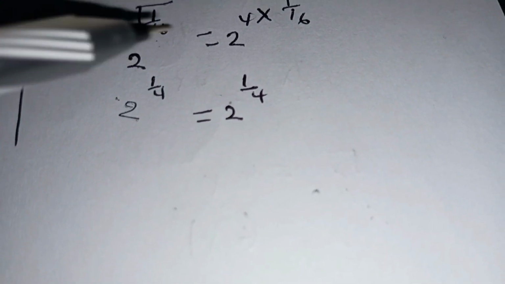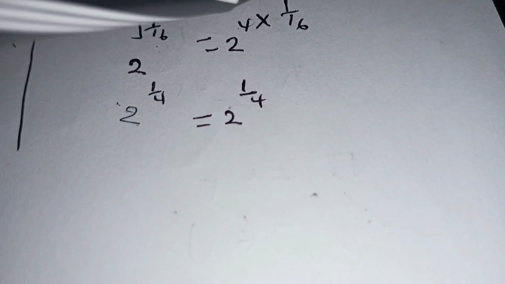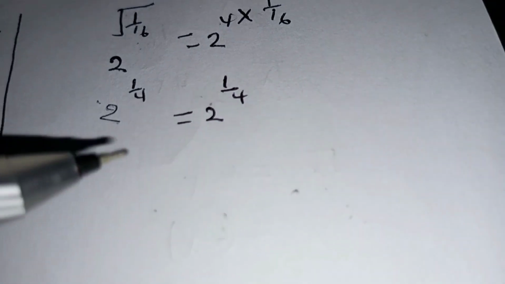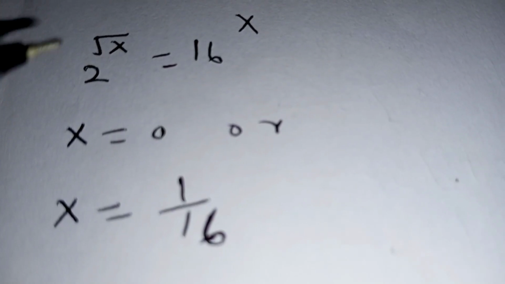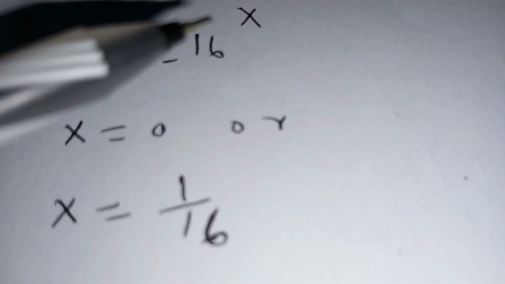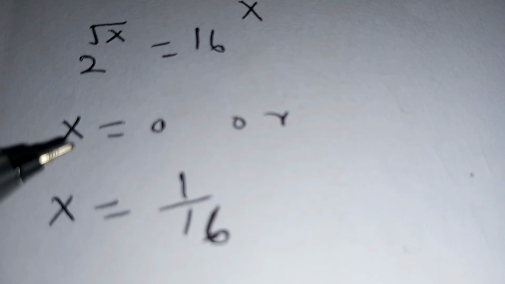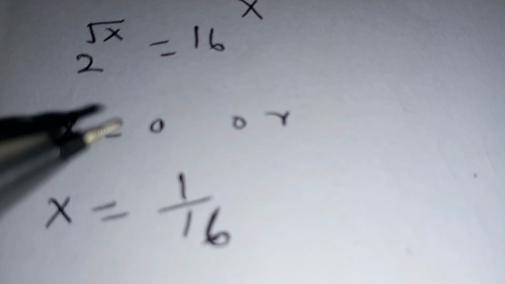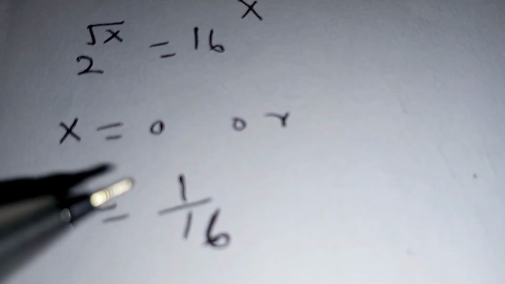Here, 4 times 1 over 16 is 1 over 4. And you can see our left hand side is equal to our right hand side, meaning that when you have 2 power root x equal to 16 power x, the possible values of x are 0 or 1 over 16, as we have indicated there.